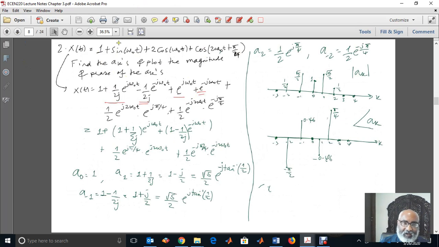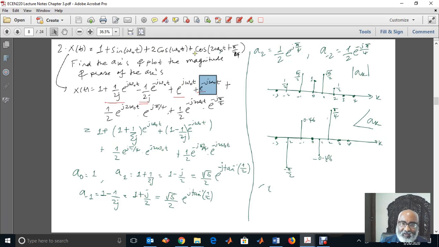So the Euler: change the sine to 1 over 2j e raised to j omega naught t minus 1 over 2j e raised to minus j omega naught t. Change the cosine, there is a factor of 2 here, so 2 will cancel the 2. And 2 cosine of omega naught t becomes e raised to j omega naught t plus e raised to minus j omega naught t.